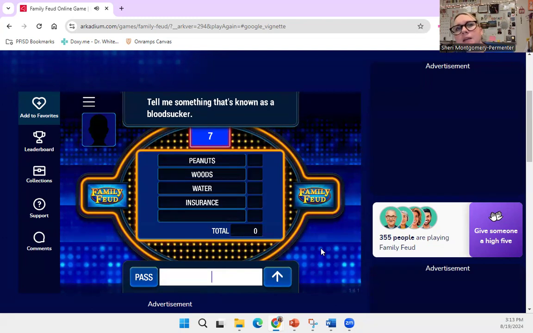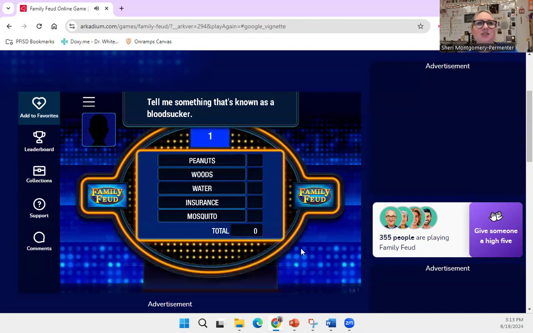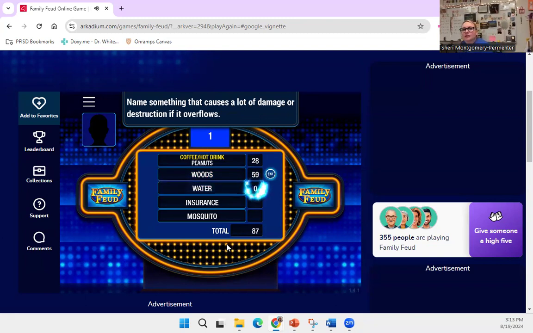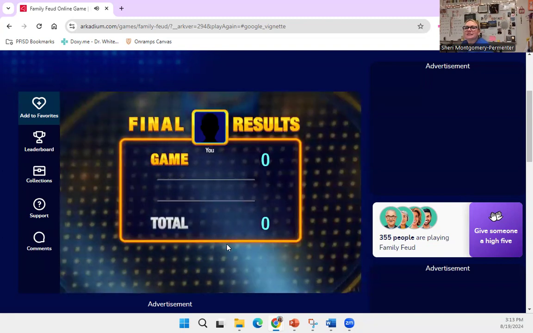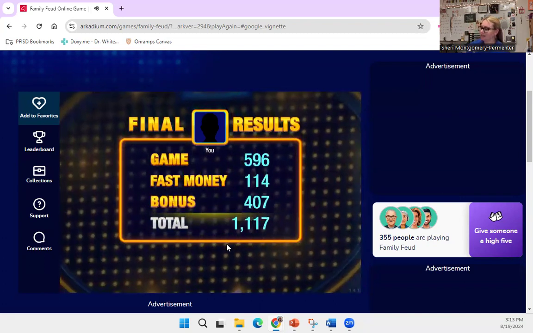I don't know which one to put. Tell me something that is known as a known blood sucker. A mosquito. I like vampire too. Oh, that you don't want to have in your car, not that you do. Ah. We were all thinking of things that you do want to have in your car.